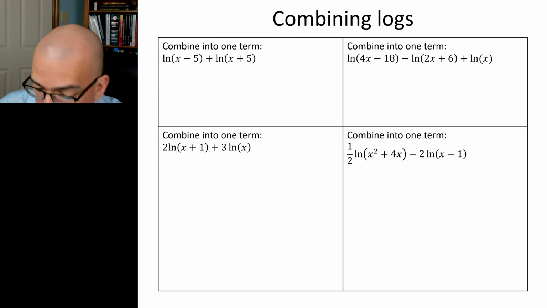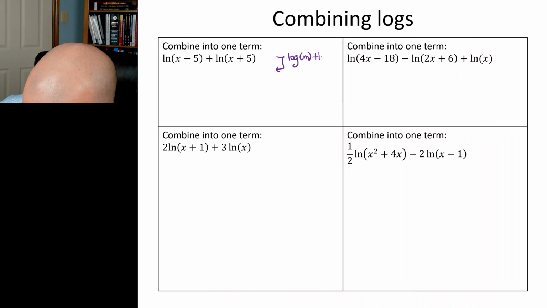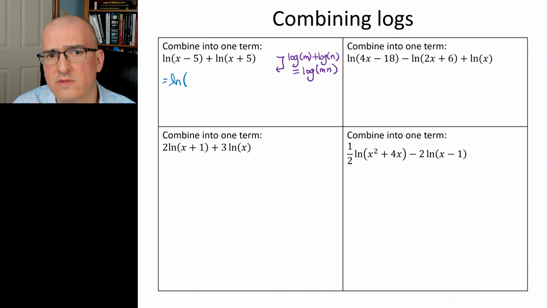So the instructions in the first question are to combine these into one term. And the log property I'm going to use is the log of m plus the log of n is equal to the log of m times n. So we're going to say that this is equal to the ln. All my L's are curly when I write ln, and when I write log, they're not curly.